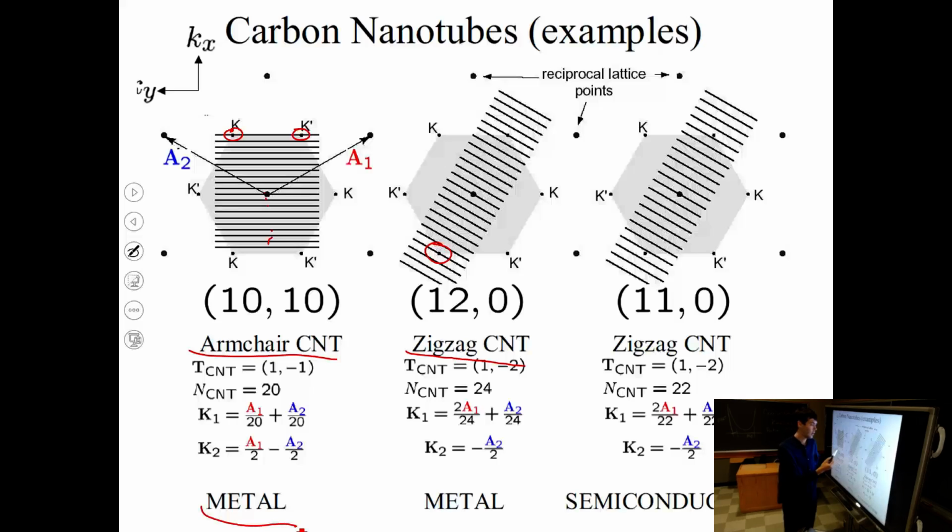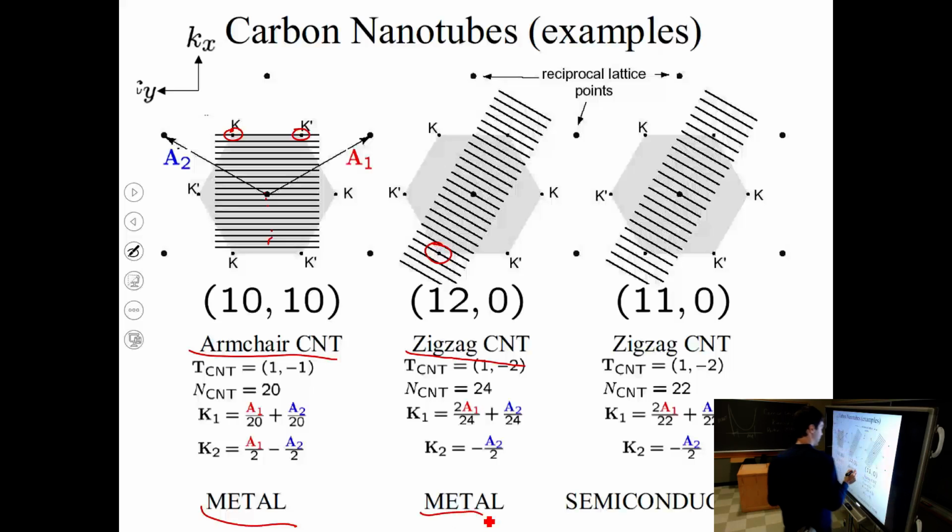Now for zigzag tube, which is going this way in one diagonal cuts, you also hit one of the k points. And so there is a band which has no band gap with the other band. So that's also a metal.